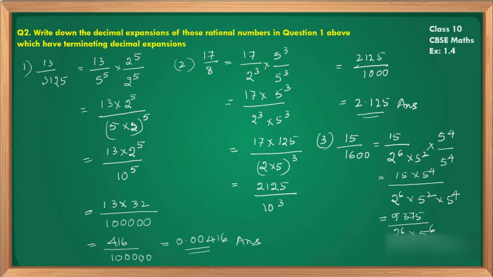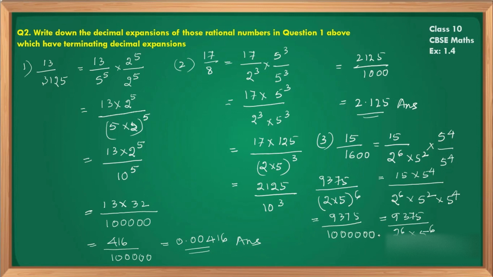Now you can see 2 to the power 6 and 5 to the power 6. Thus we have come to the conclusion that we can give the decimal expansion of this rational number. Let me write it here: 9375 divided by, putting 2 and 5 together, 10 to the power 6. That means 9375 divided by 1 followed by 6 zeros.